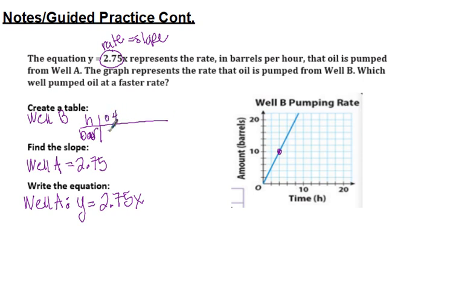We also have 0, 0. Let's actually add that in. 0, 0. It's right here. And then we're at 4, 10. And then if we move across here, try to see if there's another point. Oh yeah, right here at 8, 20.